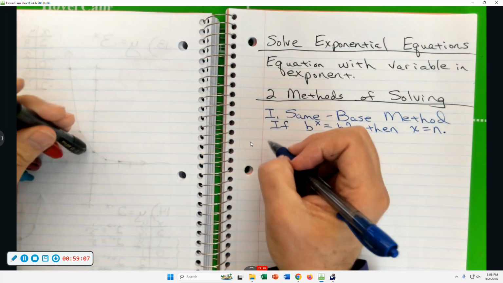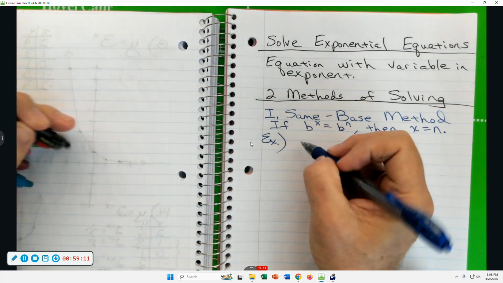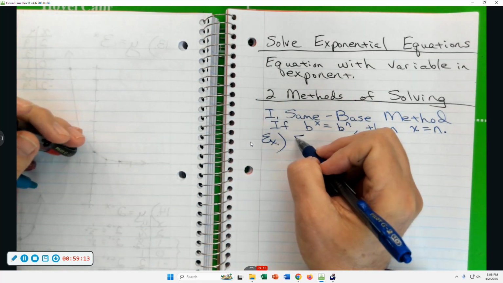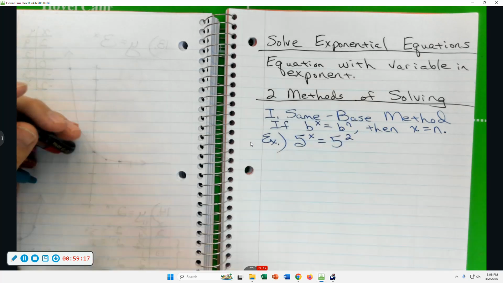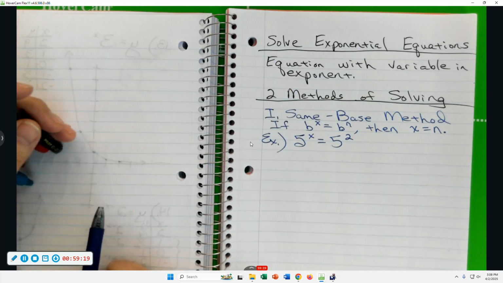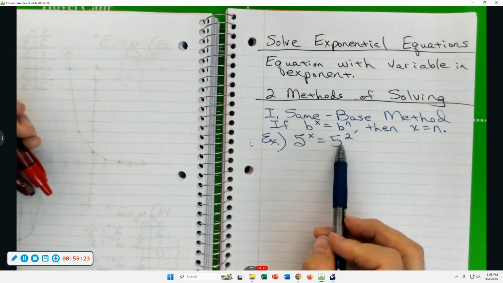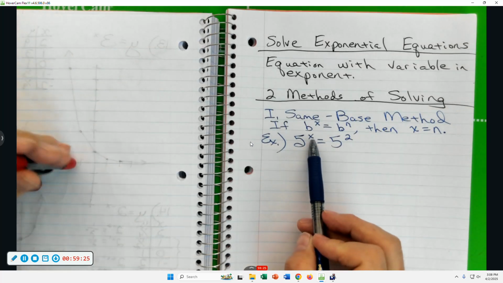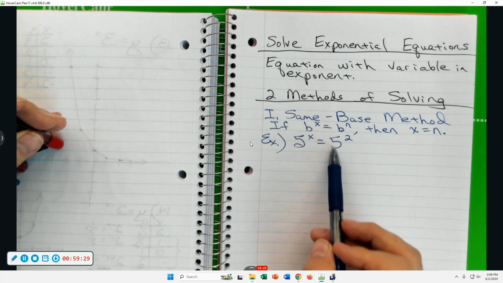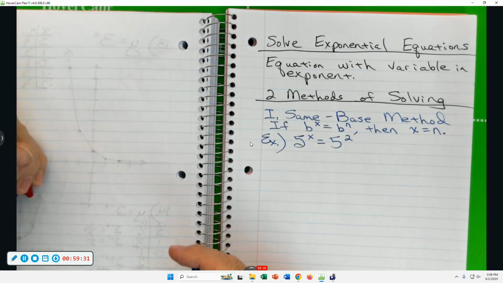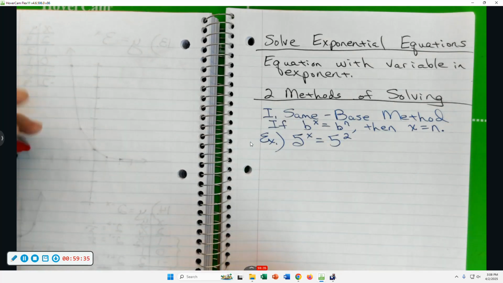And if you stop and you think about that, let's say 5 to the x is equal to 5 squared. The bases are the same, 5 and 5. What's the only thing that x can be if it's going to equal 5 squared? That's the only number you can plug in for x to make the left side equal the right side.